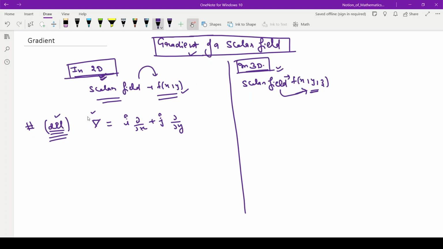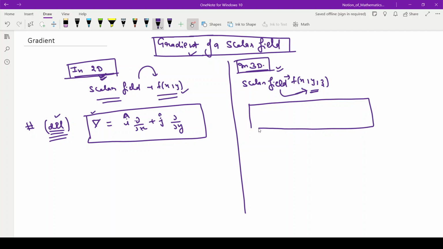In the two-dimensional approach, this del is defined as i cap partial by partial x plus j cap partial by partial y. And if I define it for the three-dimensional approach, this del is i cap partial by partial x plus j cap partial by partial y plus k cap partial by partial z.